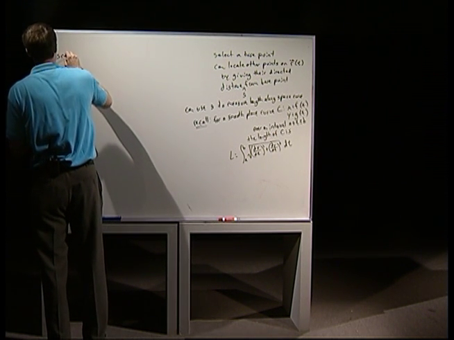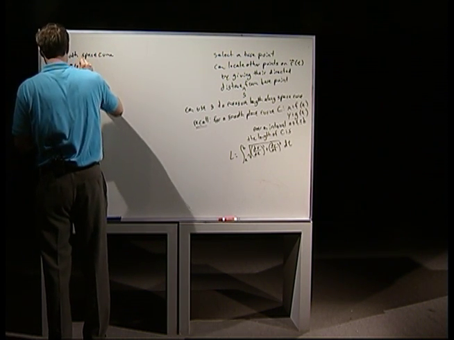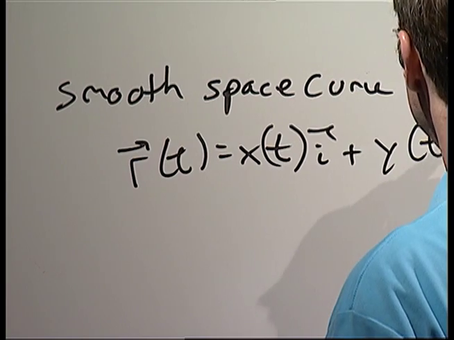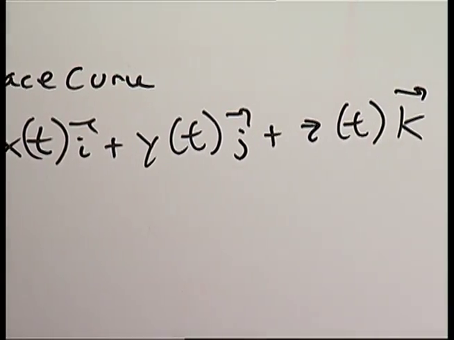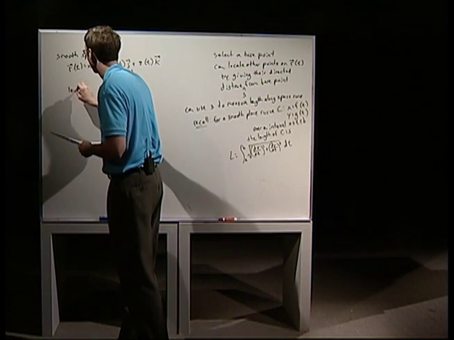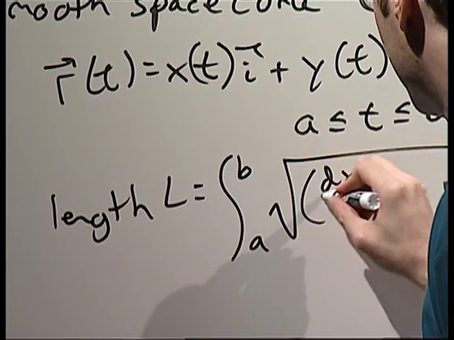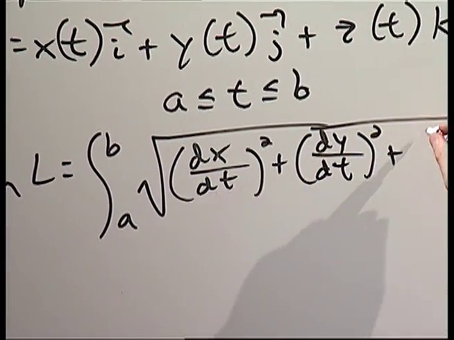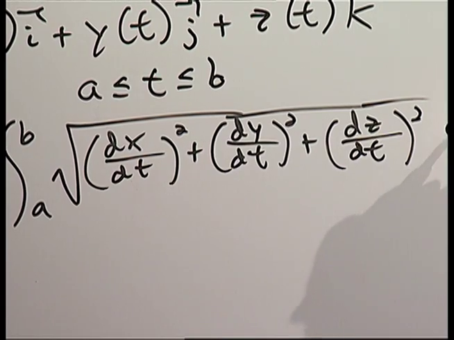So if we have a smooth space curve r of t, with components x of t i, y of t j, z of t k, and again suppose t is running between a and b, then the length L is the definite integral from a to b of the square root of (dx/dt) squared, (dy/dt) squared, and the only thing we change, the addition of (dz/dt) squared, and then dt.